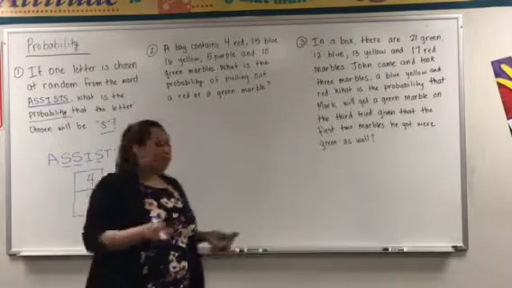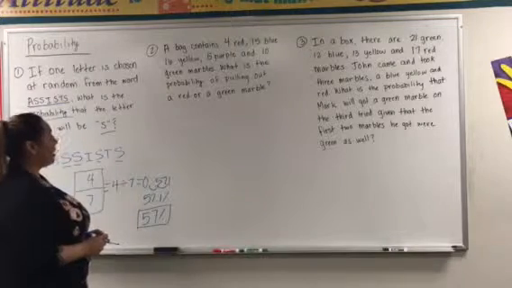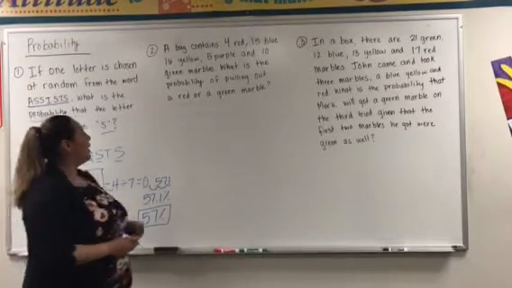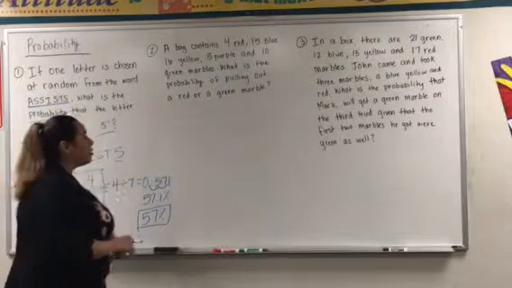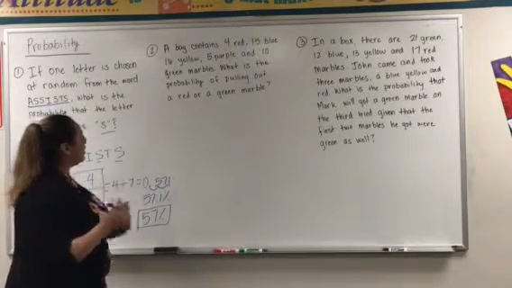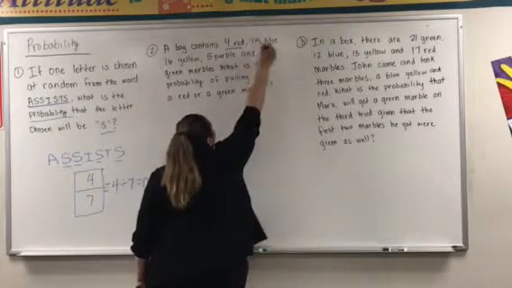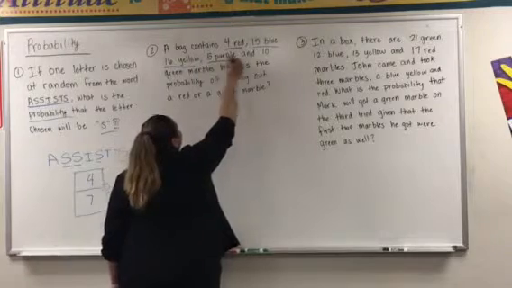Now number 2 says a bag contains 4 red, 15 blue, 16 yellow, 5 purple, and 10 green marbles. So without continuing, what we're going to do right now is add up all the marbles that we have in the bag.